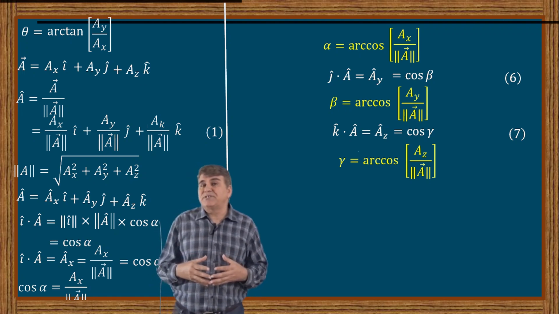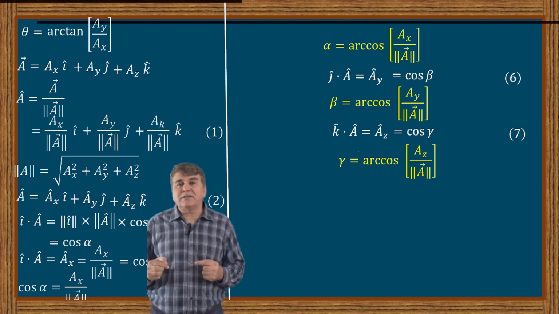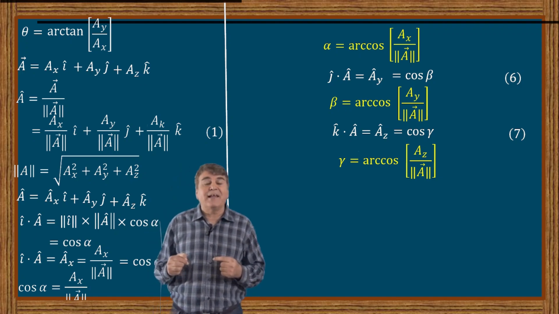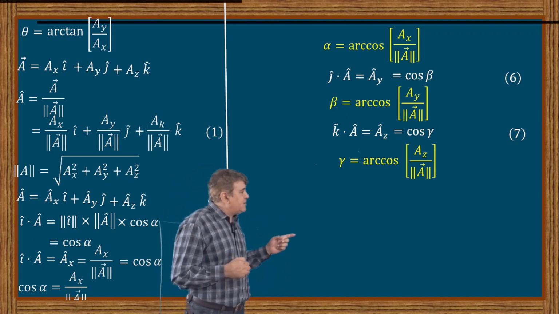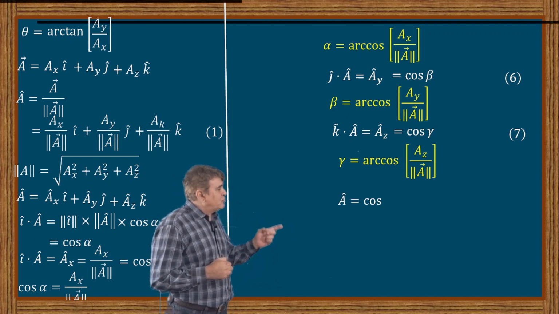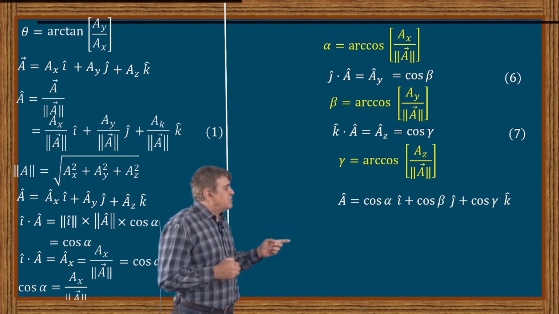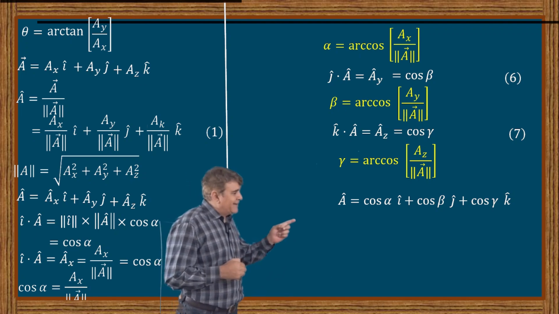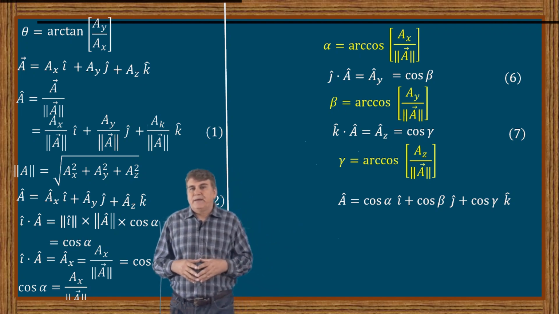Using values from equation 5, 6, and 7, we can write the unit vector in terms of the angles alpha, beta, and gamma in the form unit vector A equals cos alpha times unit vector i plus cos beta times unit vector j plus cos gamma times unit vector k.